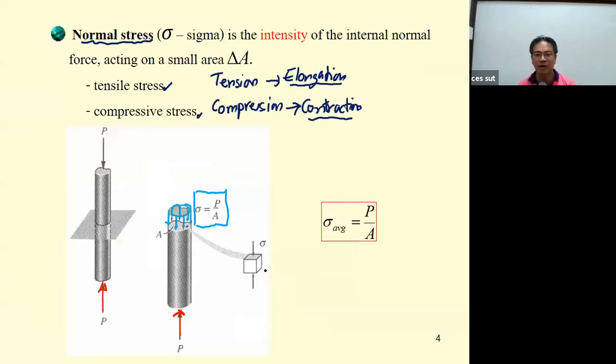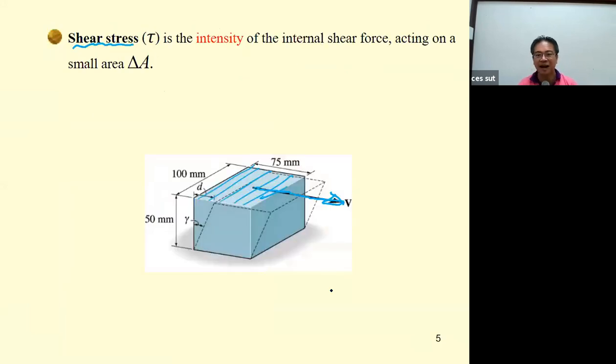That is different from this one, which is perpendicular to the section. This is parallel. And again, the average shear stress can be determined from the shear force divided by the area that I just showed you here.